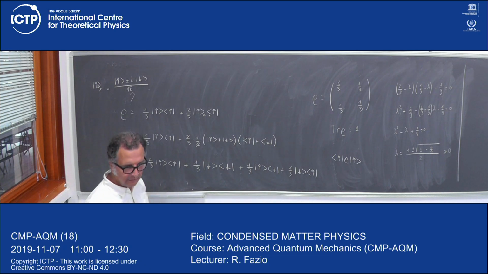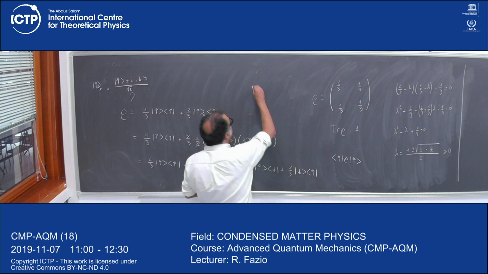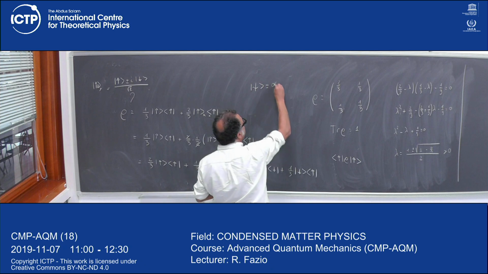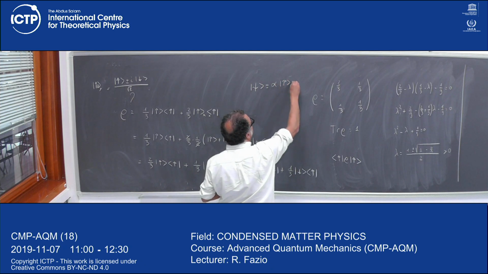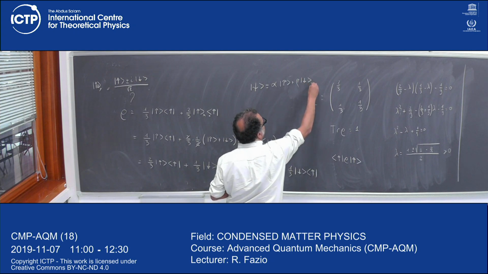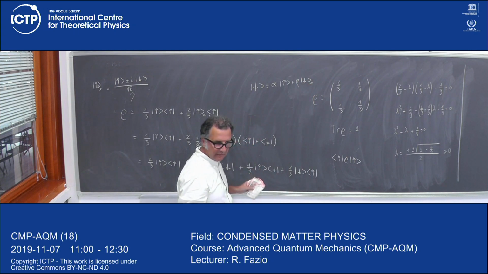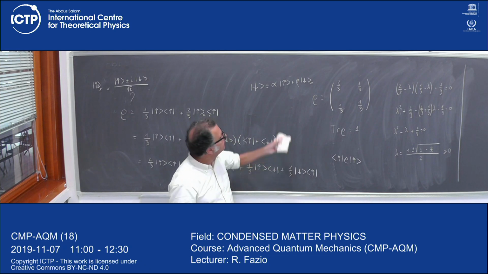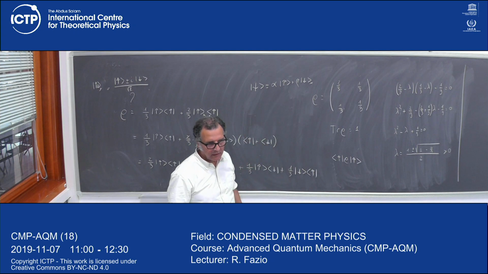Can I ask you a question? I take the state alpha up plus beta down along x. Okay? Are you sure that, if I want to compute the probability that the system is in y, it is 0?